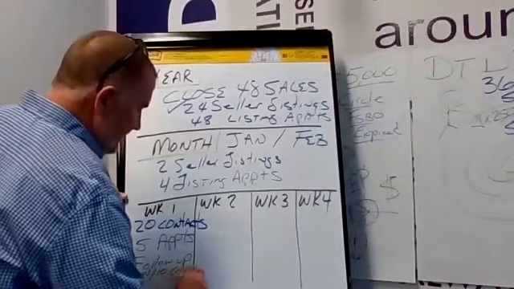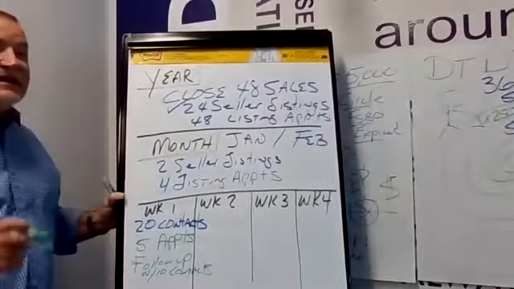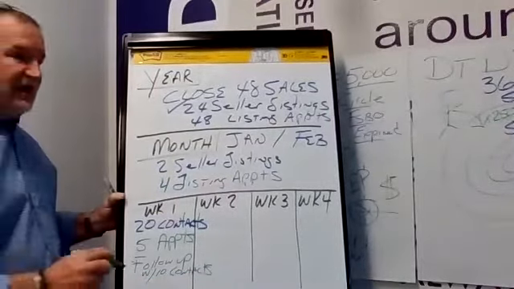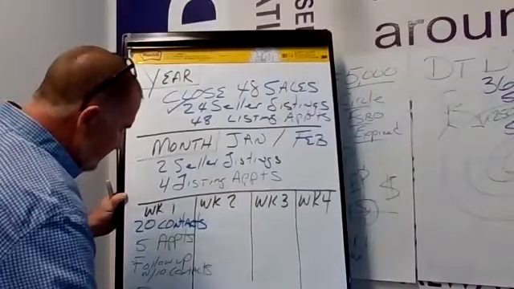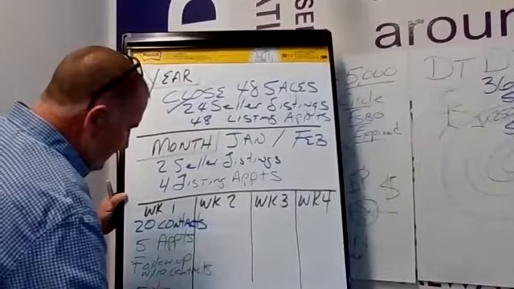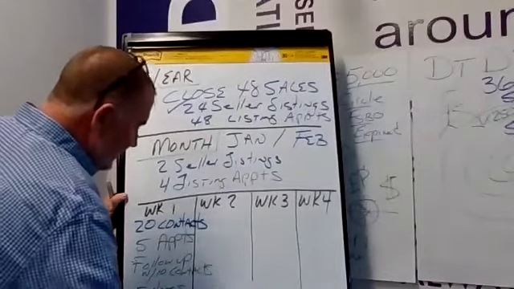It could be 5, it could be 4, it could be 3, whatever it is, you pick a number and it's a standard. Another activity that I used and I would recommend you use is 5 personal notes a day or 25 a week.